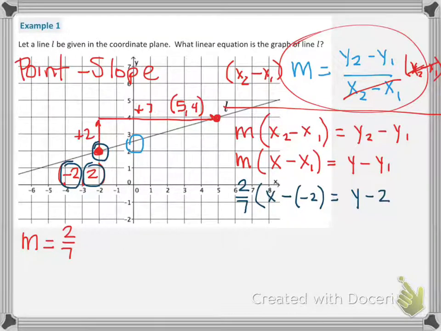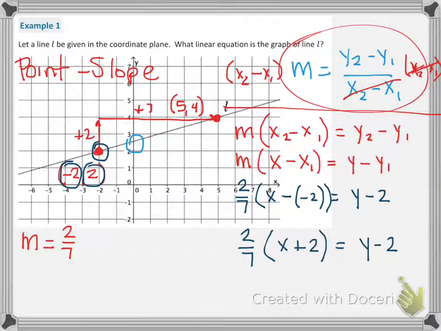And then we can simplify this a little bit. 2/7 times x plus 2 is equal to y minus 2. And that is the point slope equation for this line.